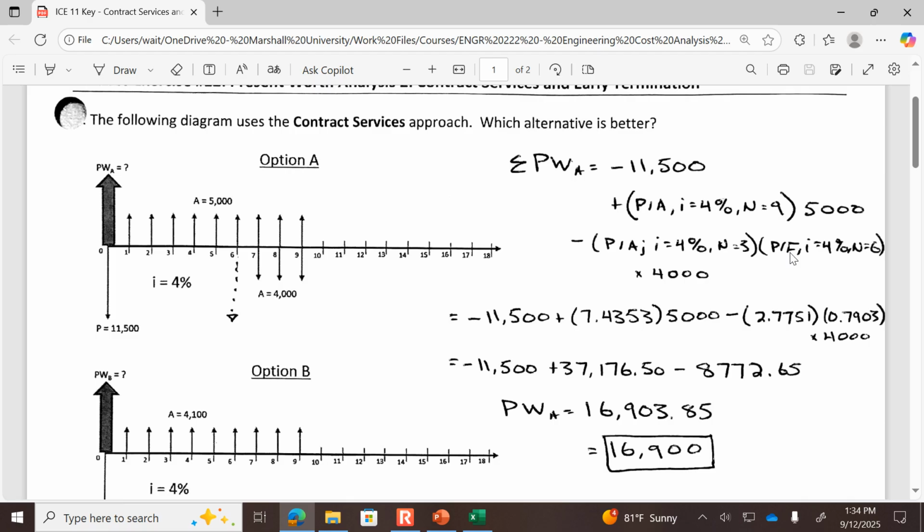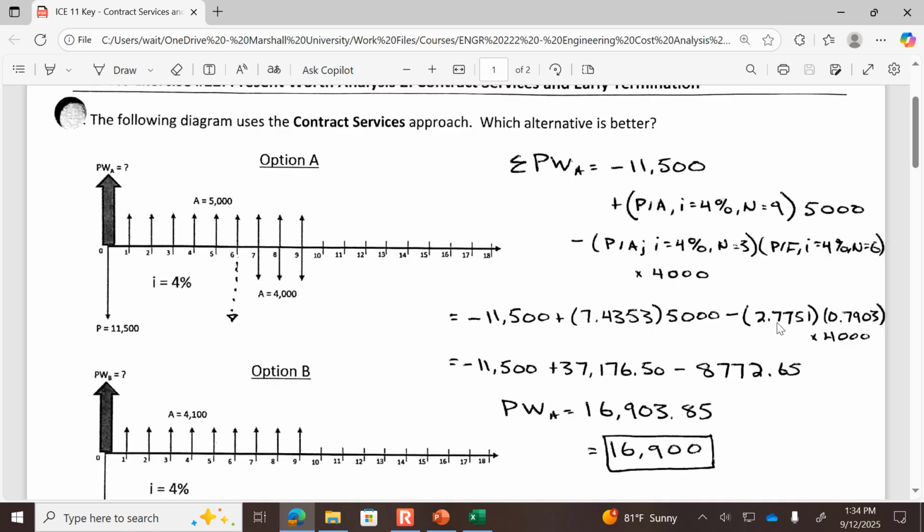So find P given F, i equals 4%, N equals 6. And here are the substitutions of the values. So the 11,500 purchase plus the revenue, which has been taken to the present, minus the leasing expense, the $4,000 per year leasing expense.